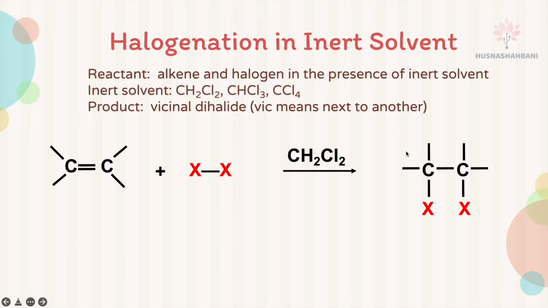Vicinal means next to another, meaning the halogen attached to one carbon must be next to the other halogen attached to another carbon. This is what vicinal means. So each halogen is attached to each carbon involved in the carbon-carbon double bond. This is halogenation in inert solvent.